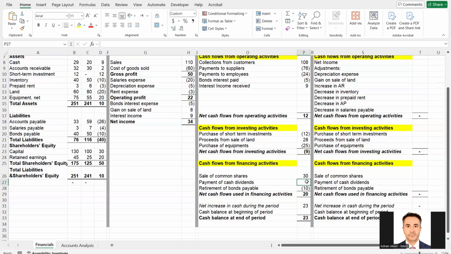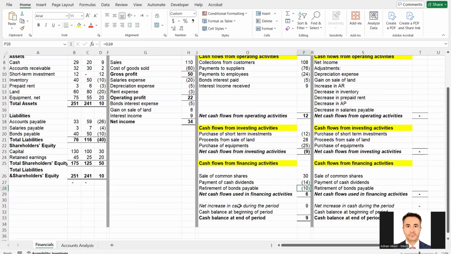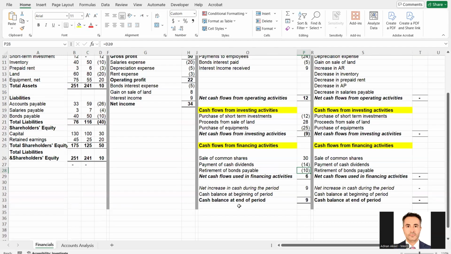And the payment of dividends, this is the amount calculated in the account analysis. Here, the dividends paid, we agreed on the 14 million figure. Now, my financing activities overall generated 6 million in total.